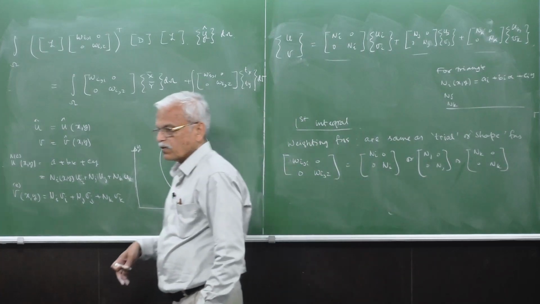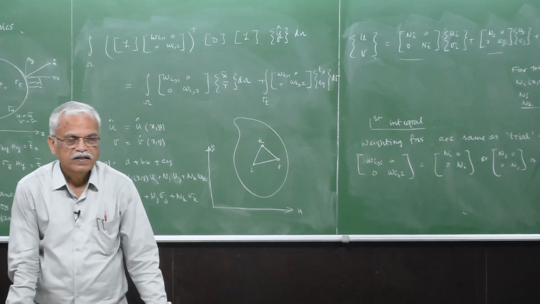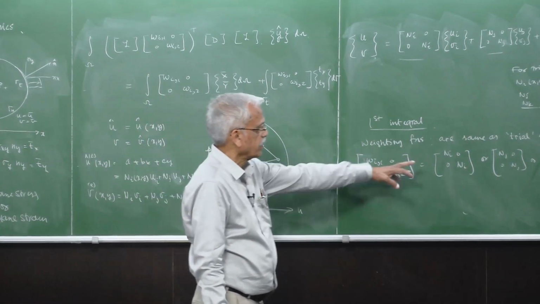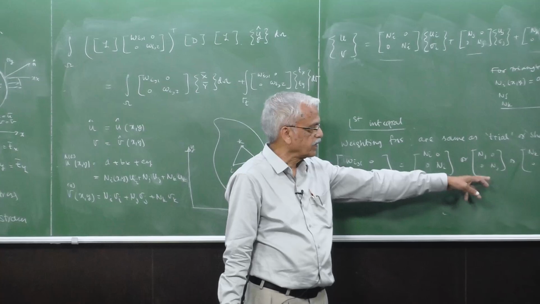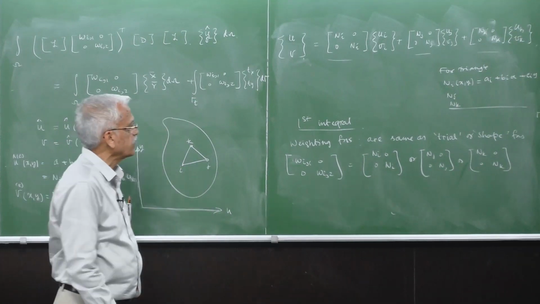So what will it be totally? There will be 6 equations. Corresponding to node i we have 2 equations, corresponding to node j we have 2 equations, and corresponding to node k we have 2 equations.